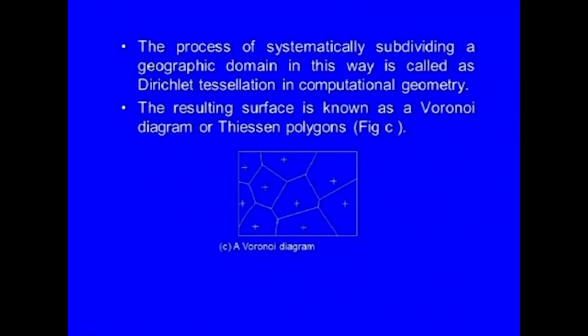The process of systematically subdividing a geographic domain in this way is called Dirichlet tessellation in computational geometry.